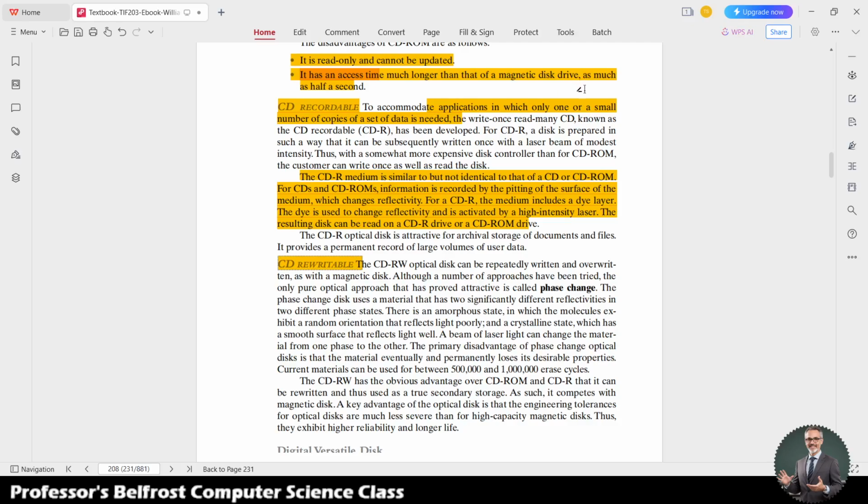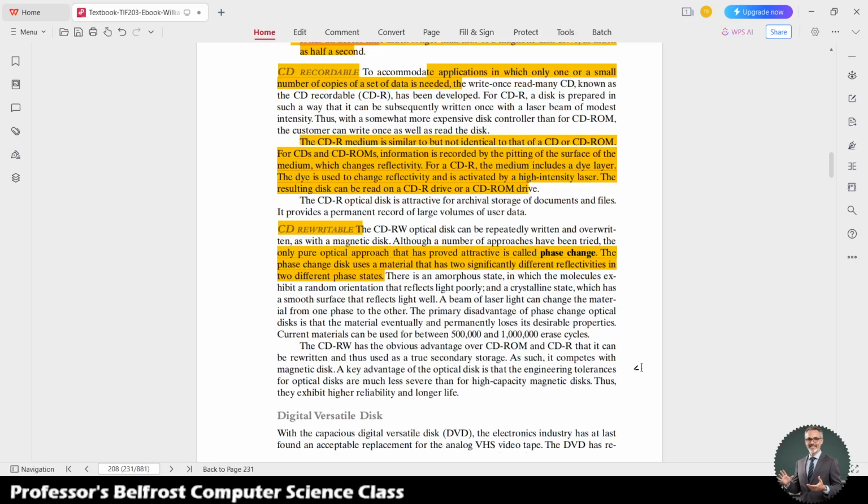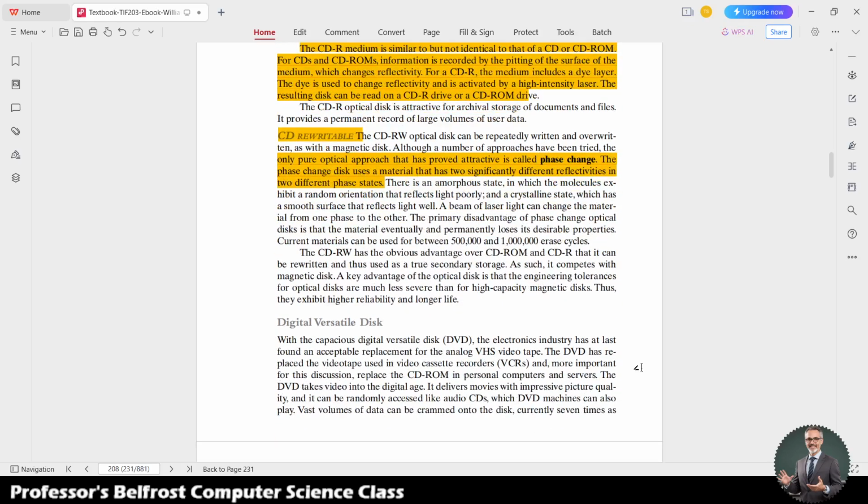Now, CDs are rewritable. The only pure optical approach that has been proved effective is phase change. Phase change uses a method that has two significantly different reflectivities in two different phase states. We have an amorphous state, and also we have a crystalline state here.